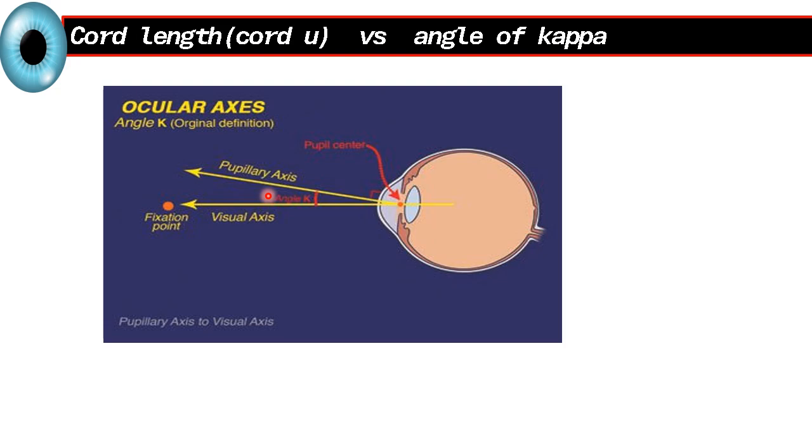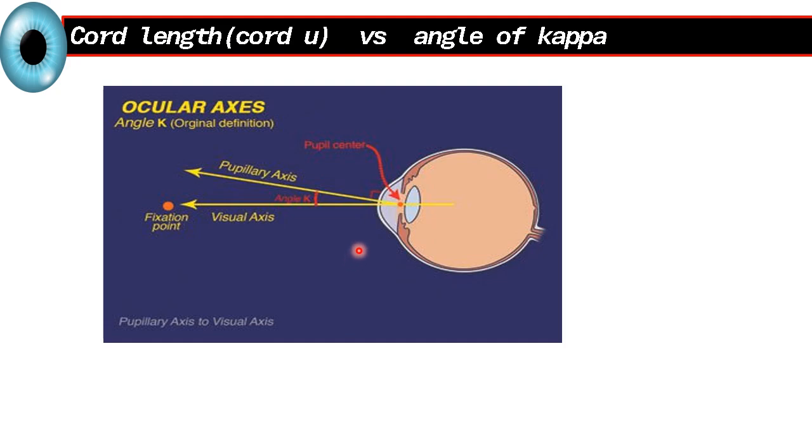This angle of kappa is an angular representation of the distance between the visual axis and the pupillary axis. However, if we measure this distance in a two-dimensional plane, this is called the chord mu. And if we measure the chord mu in the anterior surface plane of the cornea, this is a virtual plane. This is called the virtual chord length or the virtual chord mu.